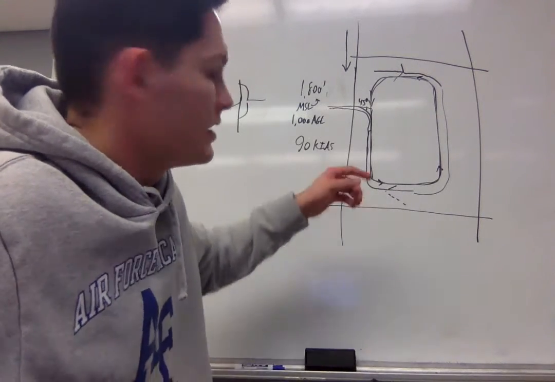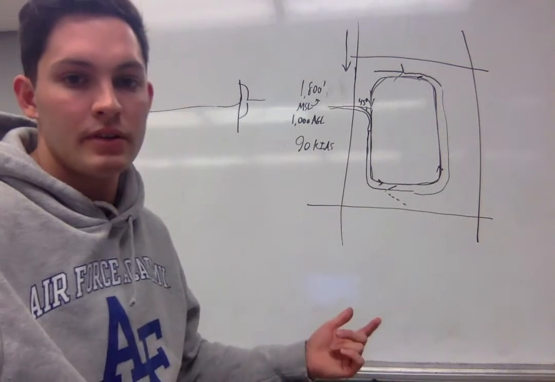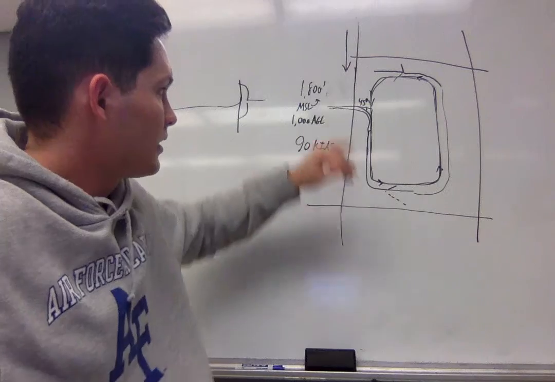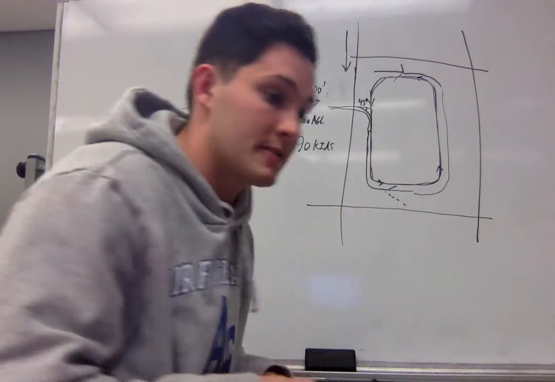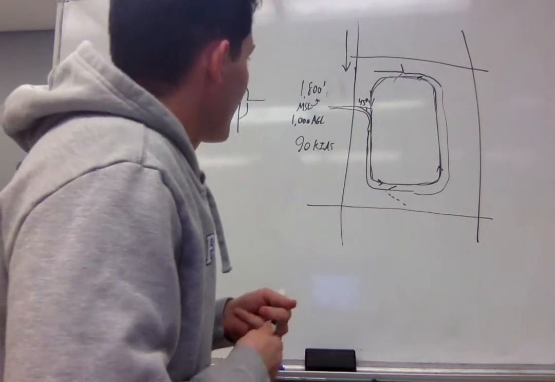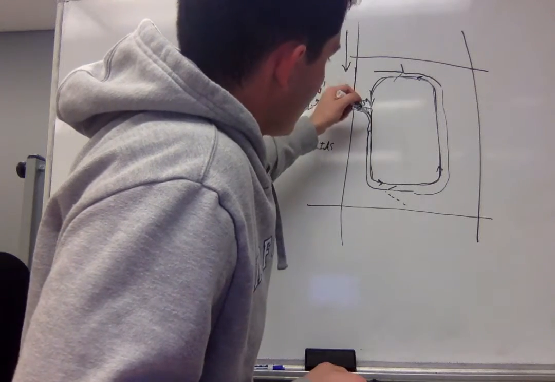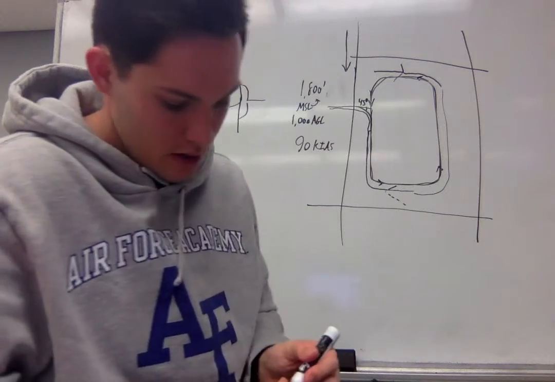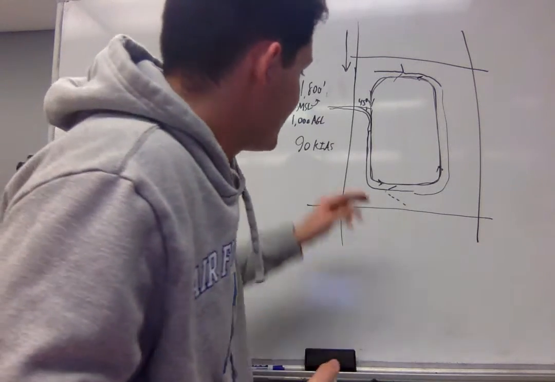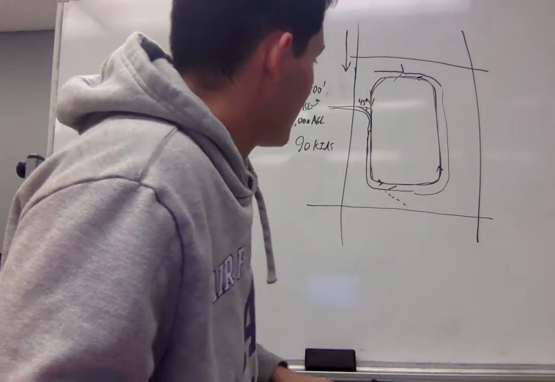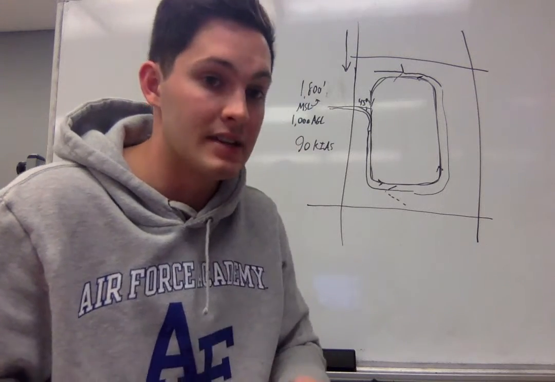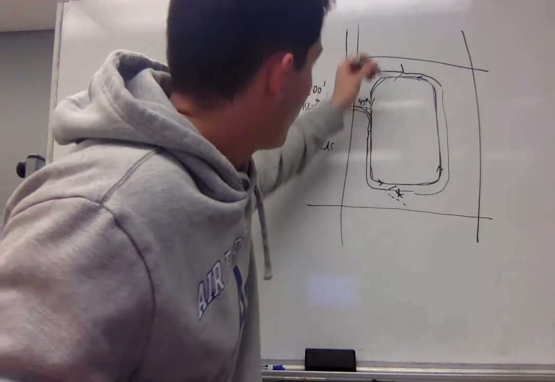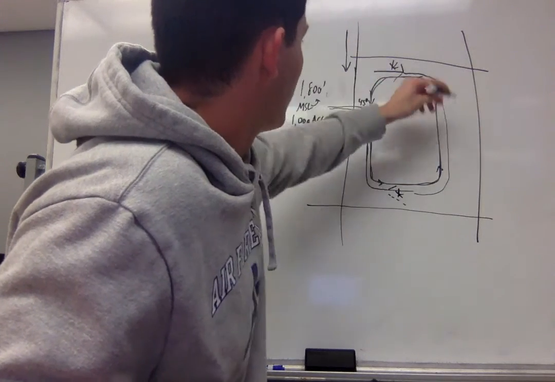So again, we have the upwind, both the crosswinds, the downwind, and how we're changing our bank throughout each of these is another thing that's important to distinguish. So as we roll out, we go into the downwind, right? We have this wind coming from the north. So in order to maintain this rectangular pattern, are we going to have a steeper bank here, or are we going to have a steeper bank here, rolling into these patterns?